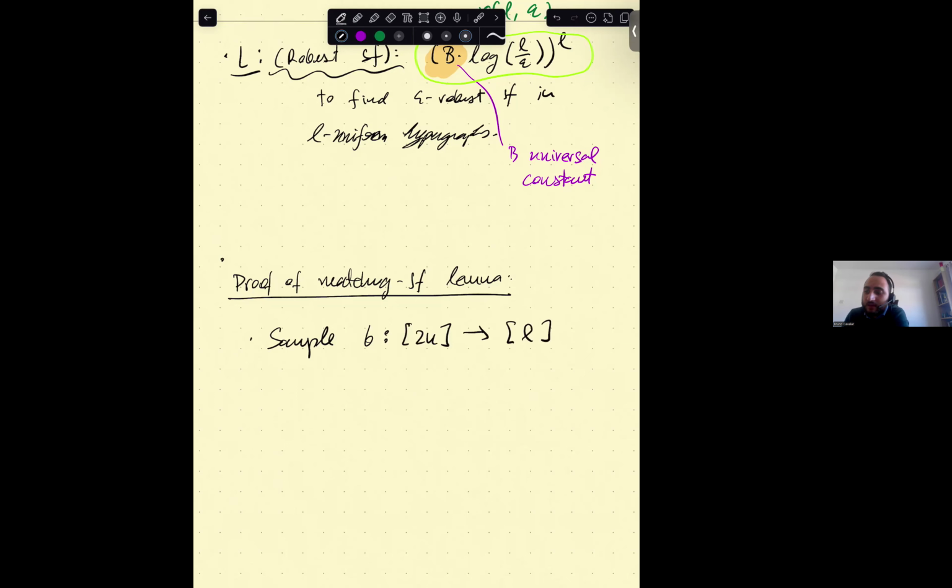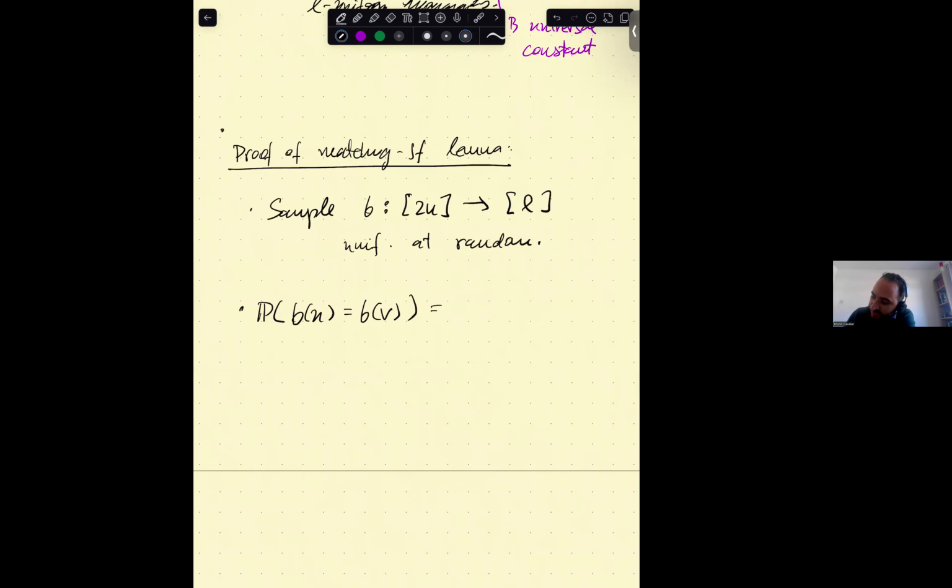So what is the probability that an edge is colored with the same color? This is just probability over B in V fixed. This is just 1 over L, right?